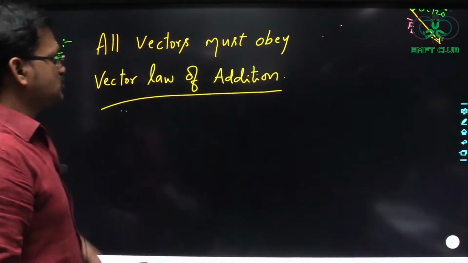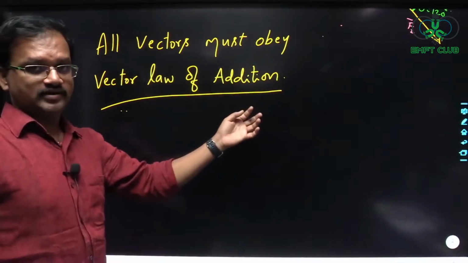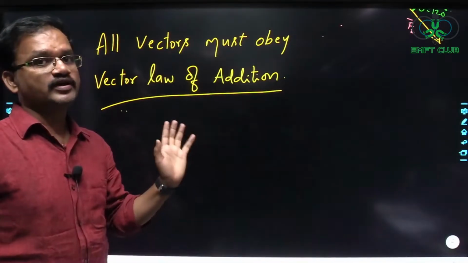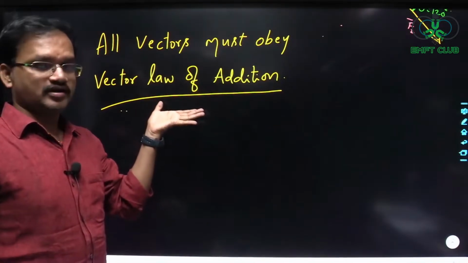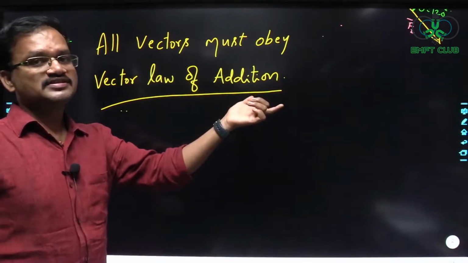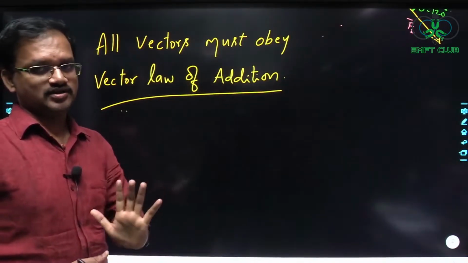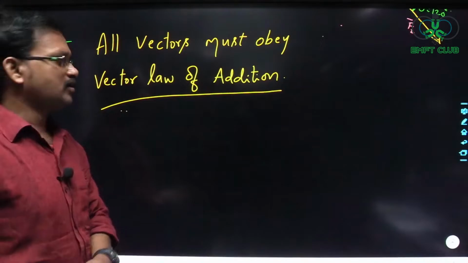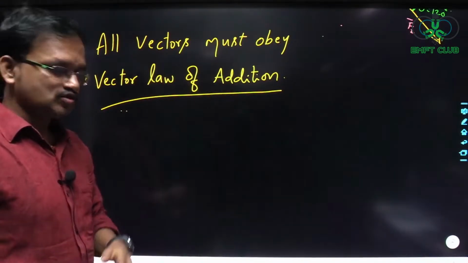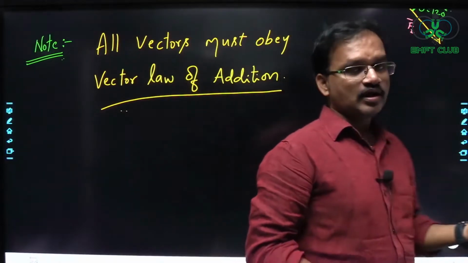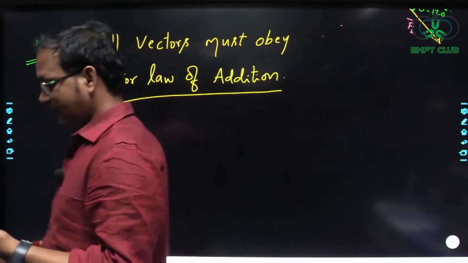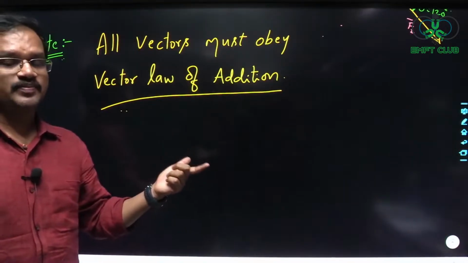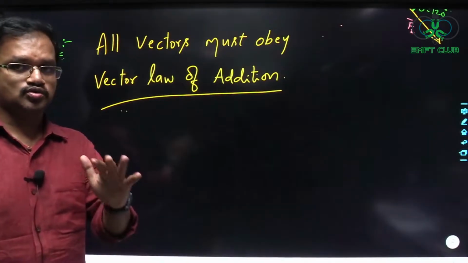I have already told you how to add any two vectors. Whenever you are adding two vectors, the addition will always depend upon the angle between them. So vector law of addition is very much different from scalar law of addition, or simply scalar addition. Scalar addition is very much different from vector addition, right? If it is a vector quantity, it has to obey the vector law of addition, meaning the addition between any two vectors must depend upon the angle between those two vectors.